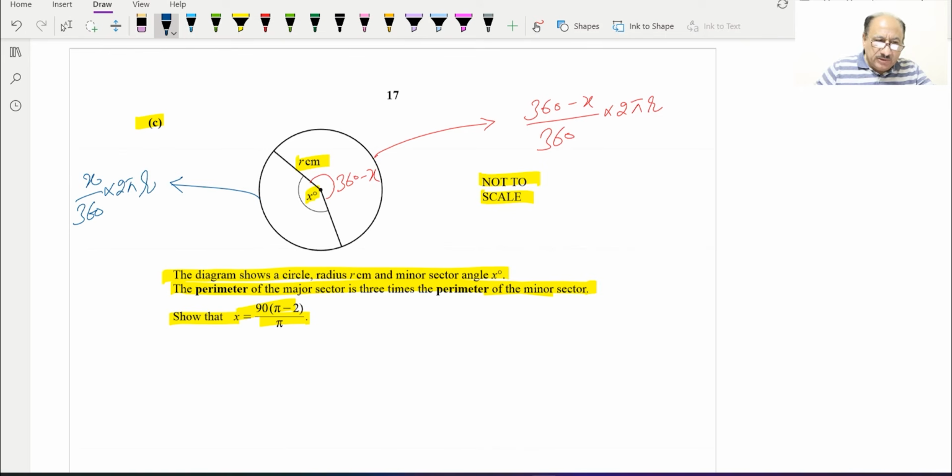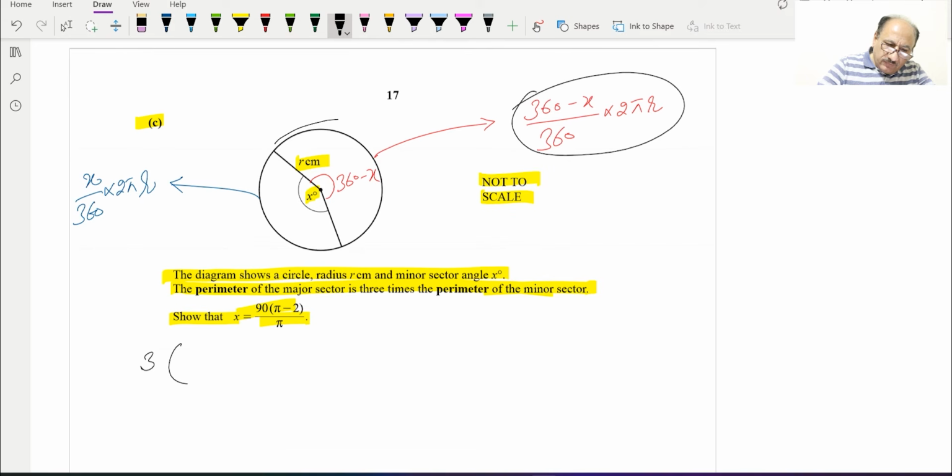And now by the condition of the question we can write the equation: 3 times the perimeter. The perimeter will be this length, starting from this to this one, plus we add this radius r and this radius r.